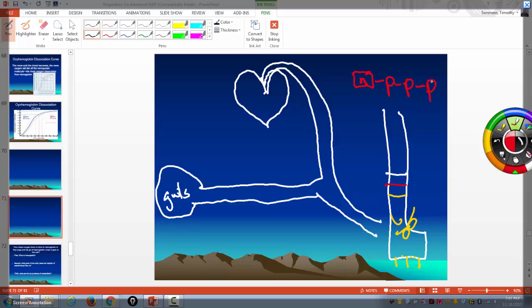So in order to contract a muscle, you need ATP. Where do you get the energy from? You hack off that third phosphate. And when you hack that third phosphate off in those muscle cells, it releases energy to make the muscle contract. And you also release heat.